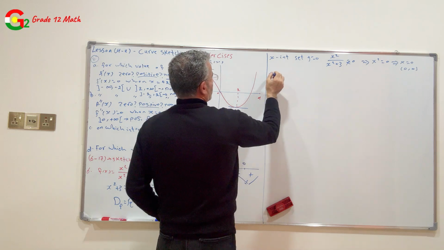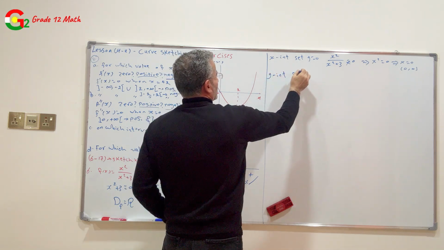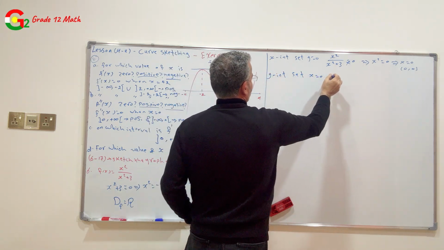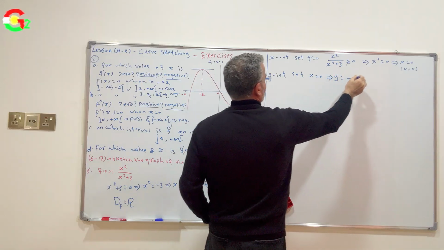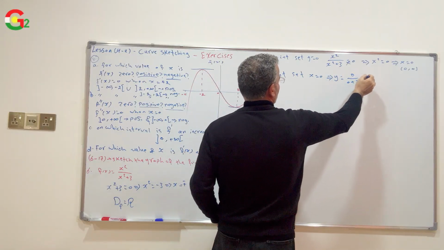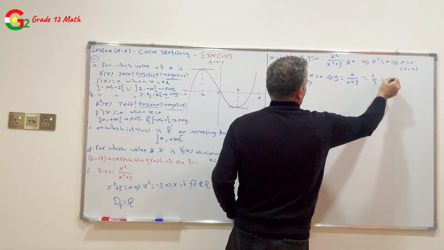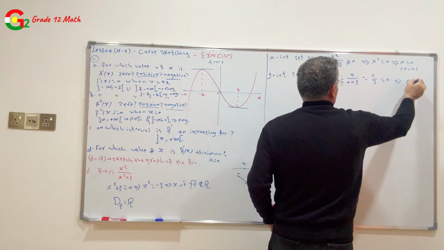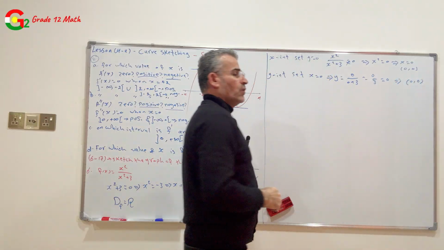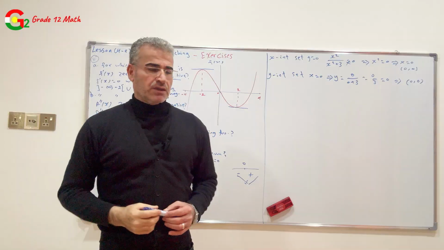For the y-intercept, set x equals 0 and find the value of y. Therefore, y equals 0 over 0 plus 3, equals 0 over 3, equals 0. Therefore, (0, 0) is also the y-intercept for this function.